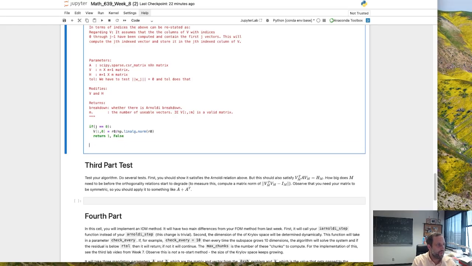So there we go. All right, so now we're going to say w_{j-1} is going to be equal to A times v_j. The last index j minus 1 is the last computed vector. So it's going to be like this.